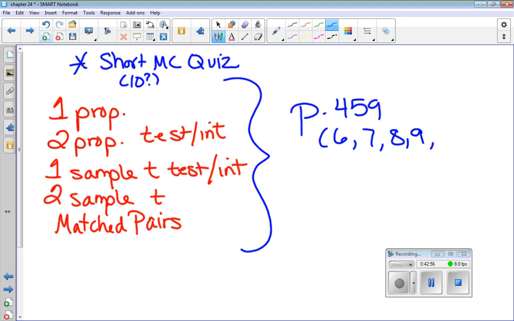I'm going to skip 10, skip 11, 13, and I'm looking for one other one.